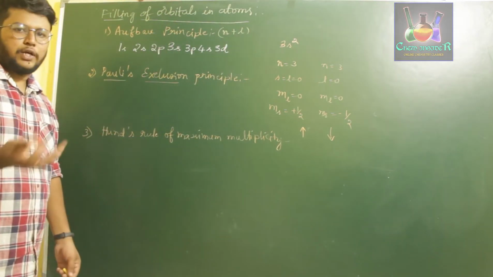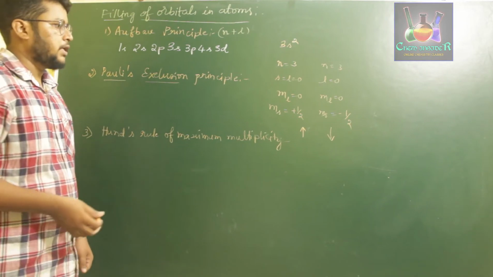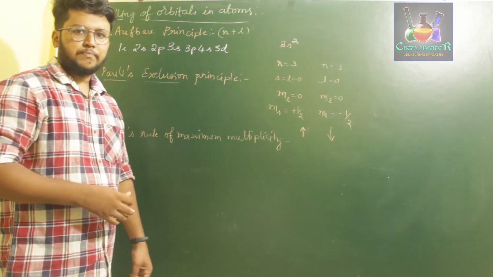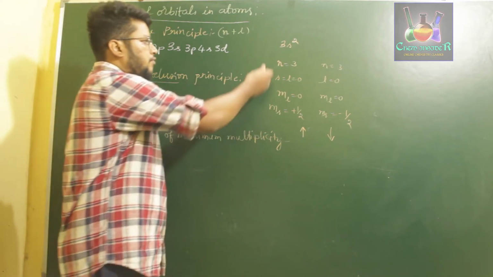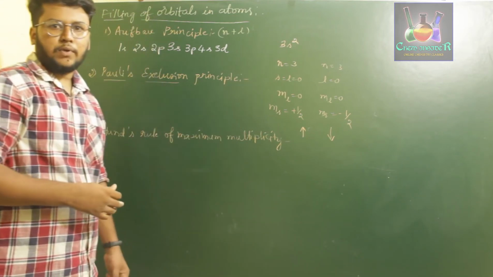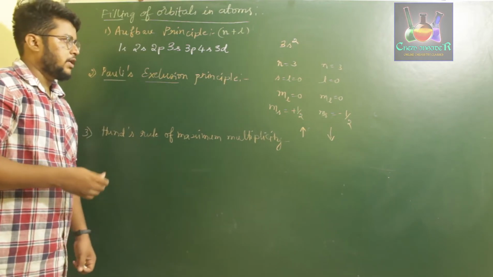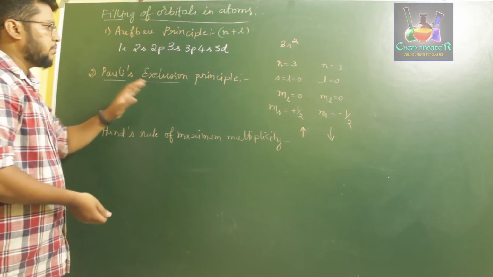If you consider two different electrons of two different orbitals with the same spins and the same magnetic quantum number, then one of the other quantum numbers will be different. So that is what Pauli's exclusion principle says.